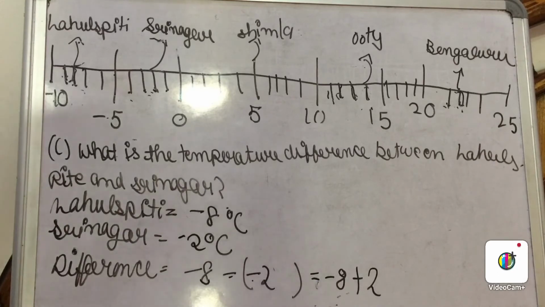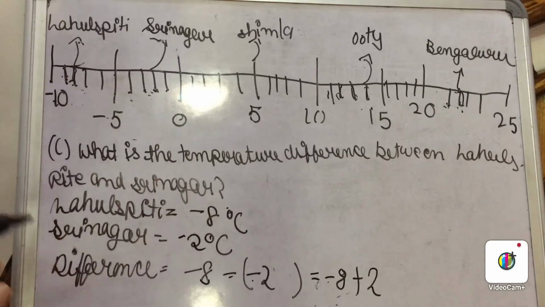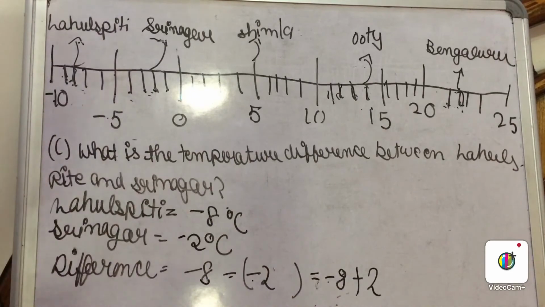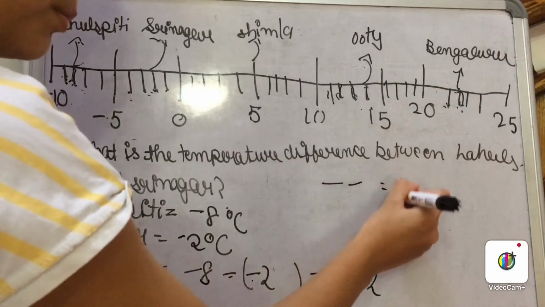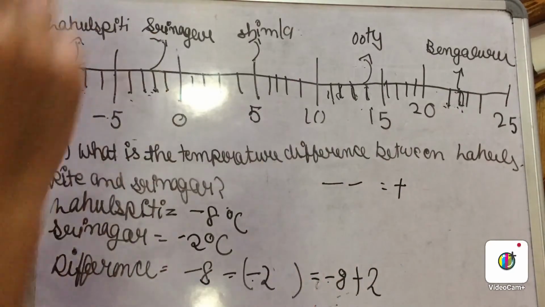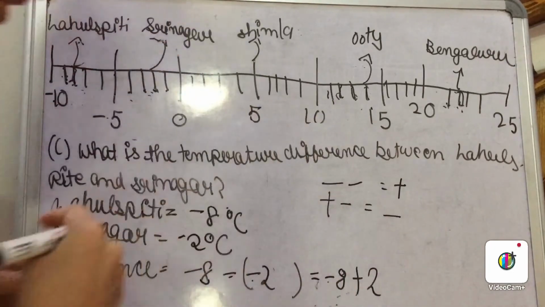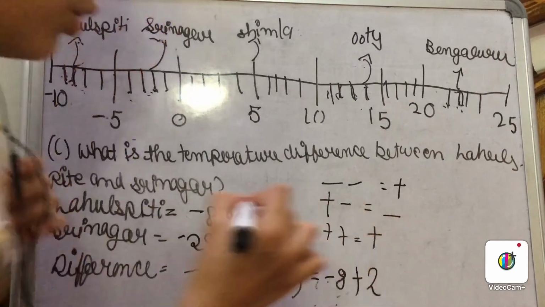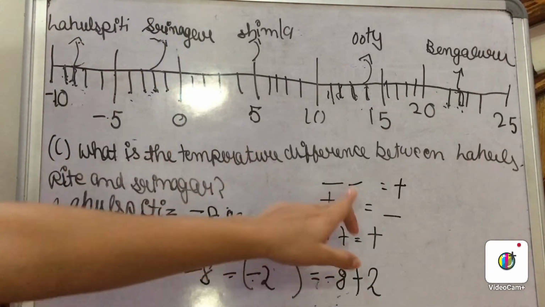Firstly, listen to me carefully: you have to keep an eye on the signs. Two minuses make a plus, and if there is plus minus, then you would always do minus, and if there is plus plus, then you would always do plus. So you would only do minus if there is one plus and one minus.